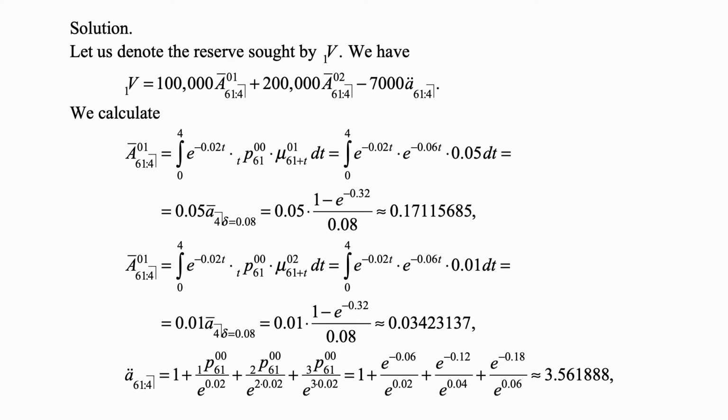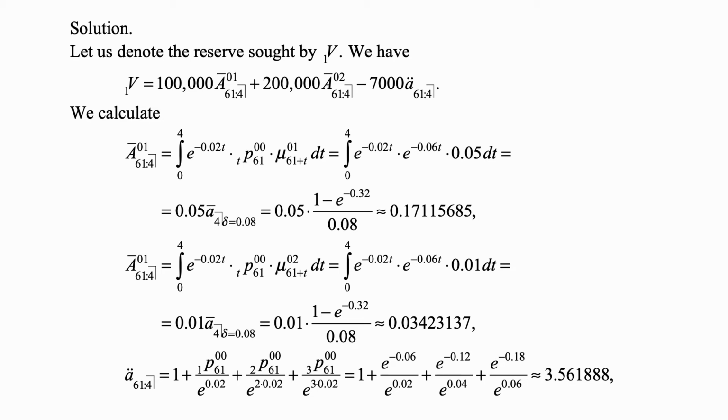Well, the cost of the death benefit due to cause 1 is the integral from 0 to 4 of e to the minus 0.02 t, that's a present value factor, times the probability of remaining in state 0 until the force of mortality due to cause 1 gets you at time t exactly, and that's added up over all times from 0 to 4. And this becomes the integral from 0 to 4 of e to the minus 0.02 t times e to the minus 0.06 t.